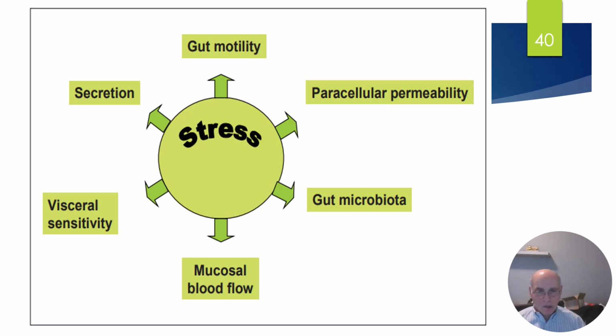And we can see here that stress affects gut motility via the vagus, and paracellular permeability, so you get intestinal permeability. It alters the makeup of the gut microbiota, the diversity and the types of bacteria. What's interesting to note is that diet can very quickly change that. You don't have to get into a lot of probiotics, although it's probably very important.